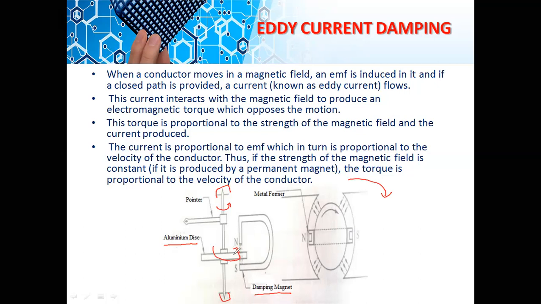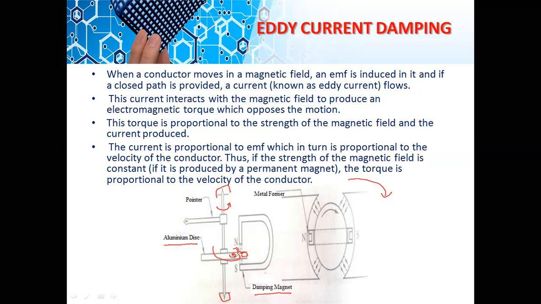When a conductor moves in a magnetic field, an EMF is induced in it, and because the EMF is induced in the aluminum disc, EMF will find lot of closed paths. So there will be small amount of currents flowing in the aluminum disc, and those currents are called eddy currents. So we'll be having small circulating currents, which we call eddy currents, inside the aluminum disc.